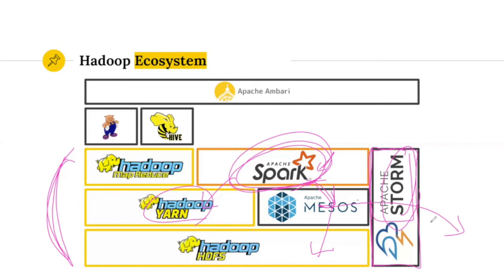Nowadays, there are many other technologies for managing the distributed file system. So it doesn't necessarily have to sit on Hadoop, but this is a standard way of implementing things in a lot of different places.